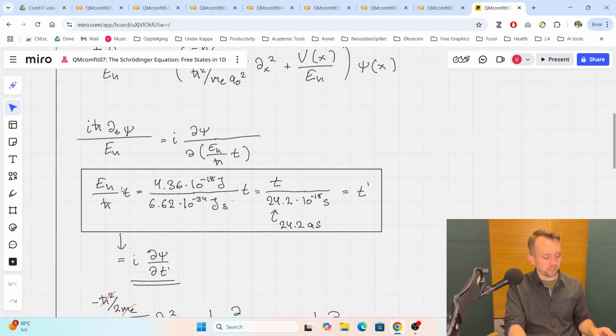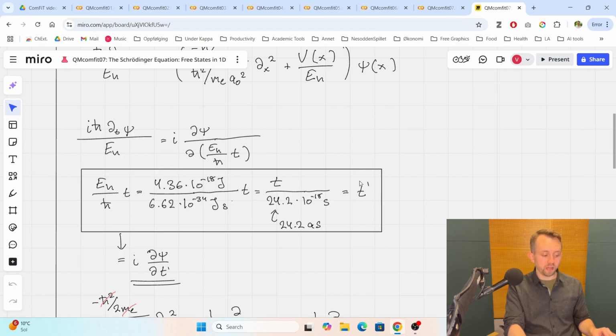And the idea now is that if I take this combination EH over h bar times t, that means it's this Hartree energy divided by h bar, which is 6.62 times 10 to the negative 34 joule seconds. I see that this is t in units of this number here, 24.2 times 10 to the negative 18 seconds.